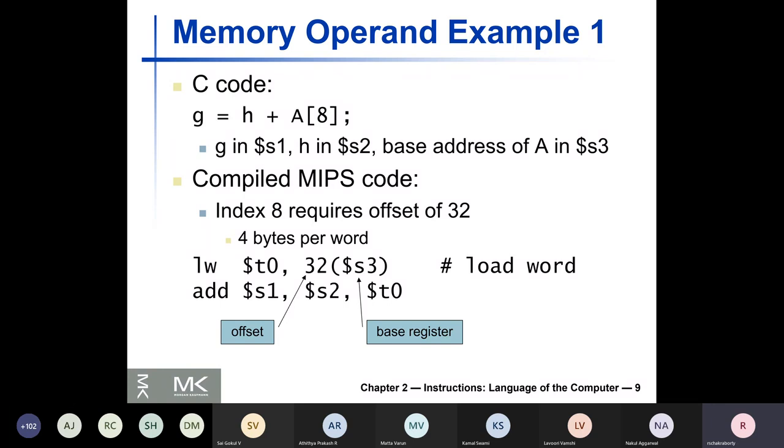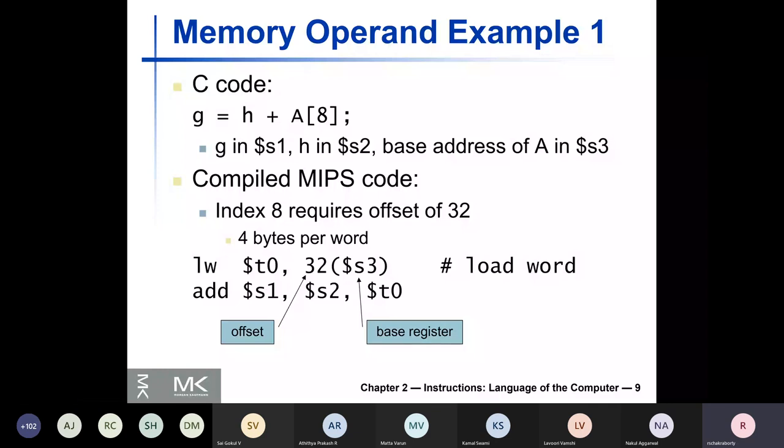Now here for the first time we see the use of an instruction called LW. LW is load word. Load you already know, as I mentioned, is data transfer from memory to register. As usual, the destination register comes first, say $t0.